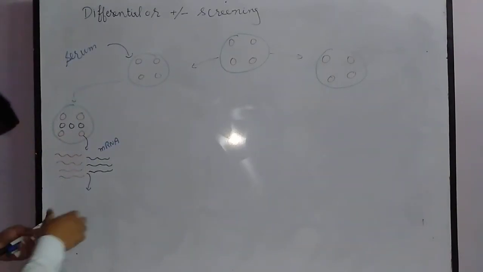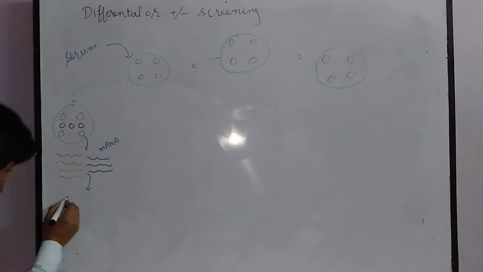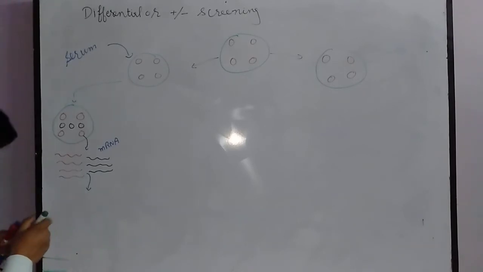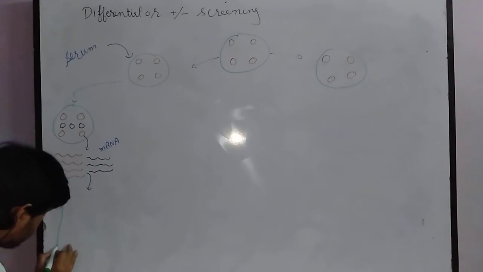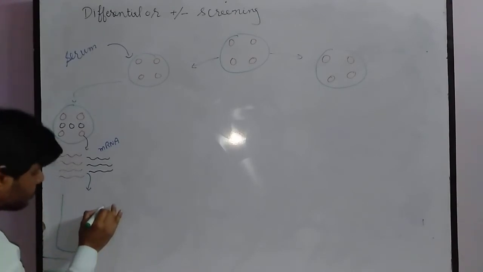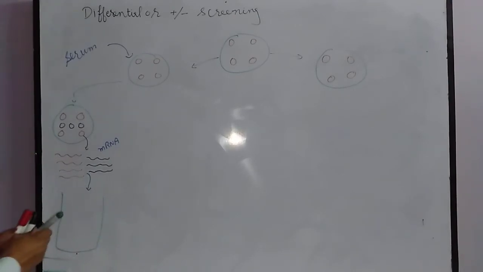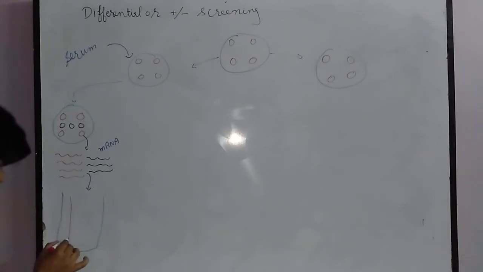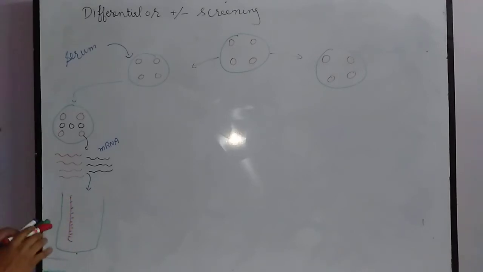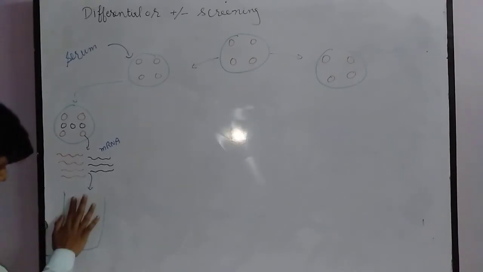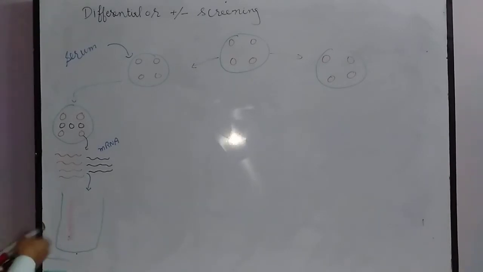So let's say this is the oligo-dT column. Inside this oligo-dT column, there is already messenger RNA present, as you can see. Let me draw this messenger RNA with this blue color.